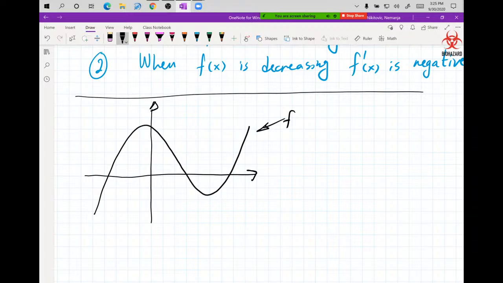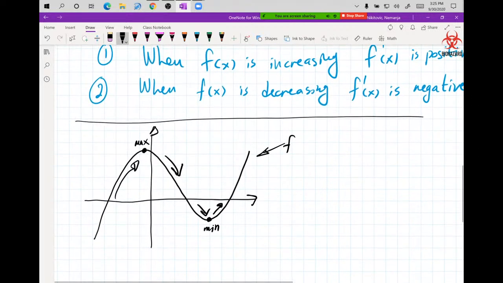But look at this. If I want to draw this, I know that the maximum point right here and the minimum point right here are places where an increase turns into a decrease and then a decrease turns into an increase. Those are very special points.